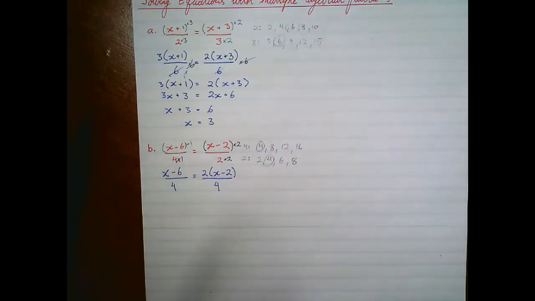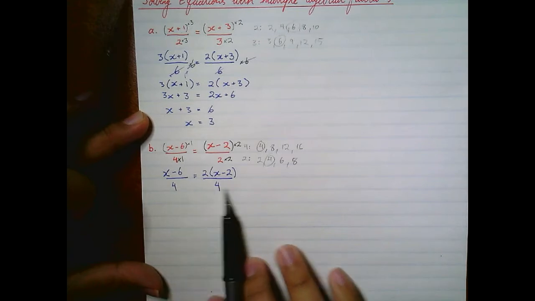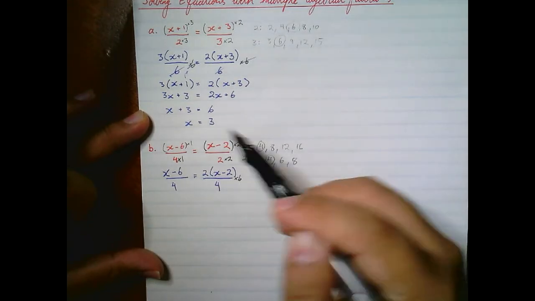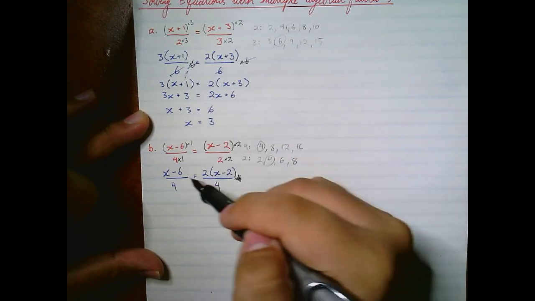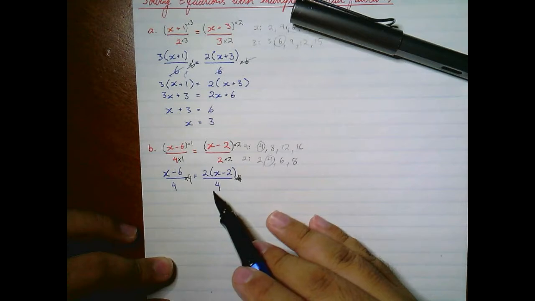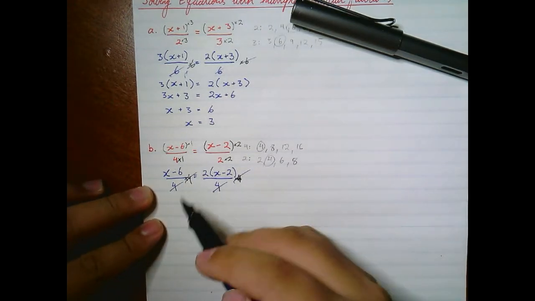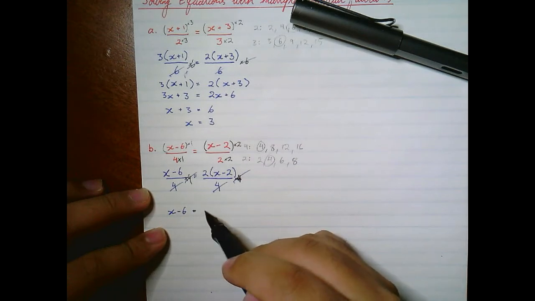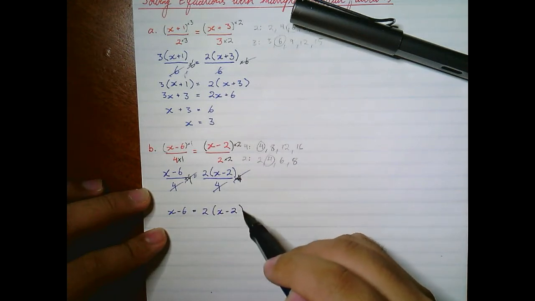And for this step, since everything is over 4, I'm going to multiply the right hand side, oops, not by 6, by 4. We're going to multiply left and right by 4, which will cancel these fractions away, which will give us x - 6 = 2(x - 2).